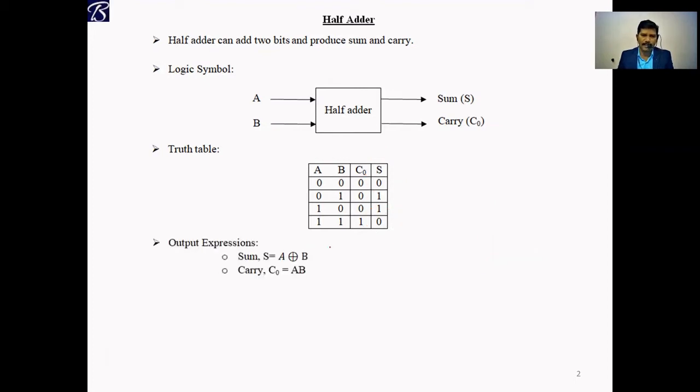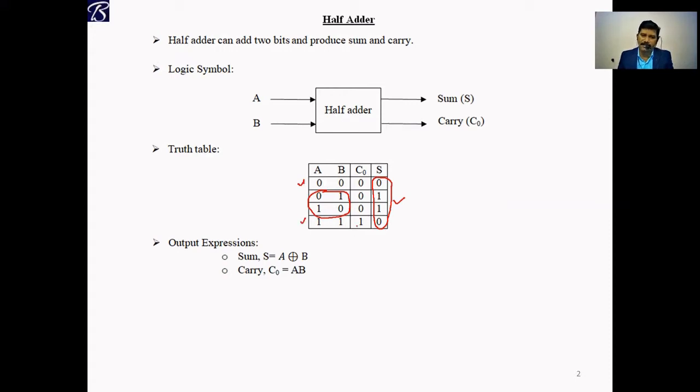Let us write the output expressions. Sum S: if you observe, when both inputs are different, the output is 1. When both inputs are the same, the output is 0, for this case and this case.